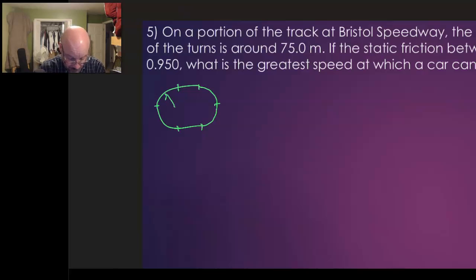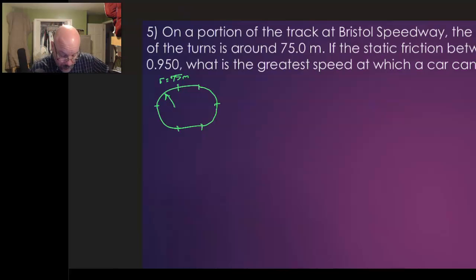And the radius of curvature here, as you're going around this circle, is about 75 meters, which is much, much smaller than most of the other racetracks on the NASCAR circuit.